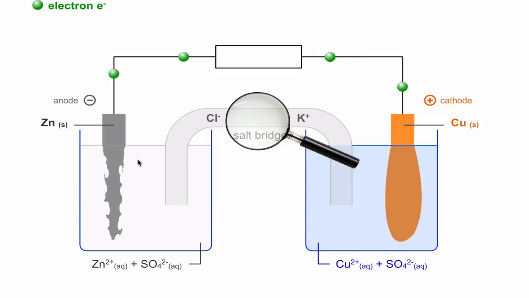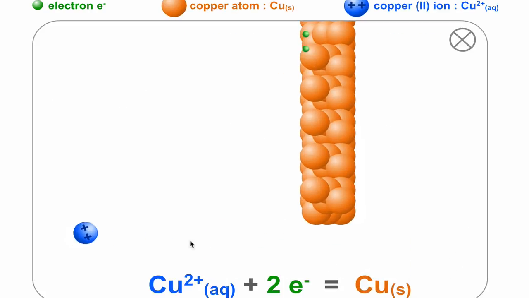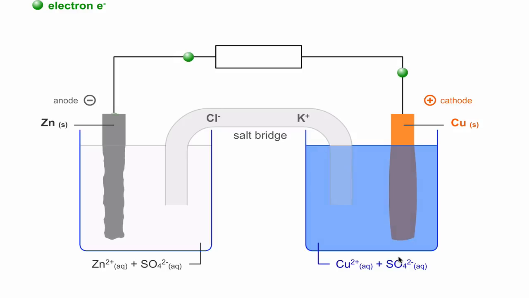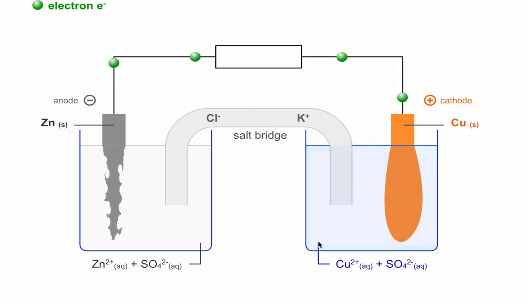So this container would become heavily positively charged over time. On this container, as we lose these ions and they become solid, we lose positive charge. The sulfate wouldn't leave, but we would be losing all our Cu2+, so this side would become heavily negatively charged.